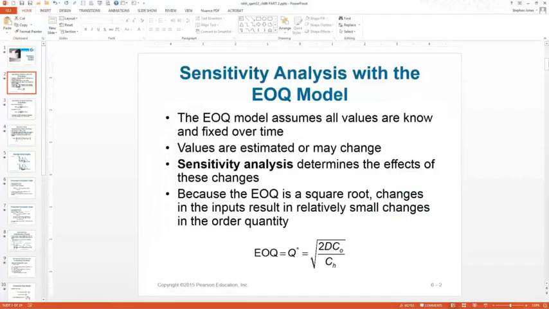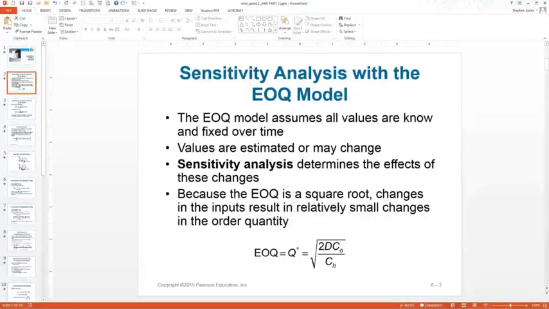So, if we assume that we know all of the costs, we know all the demands, we have perfect knowledge, then the EOQ is completely reasonable, understandable as a theory of how to order our inventory. However, some of those will be estimations and can vary over time.